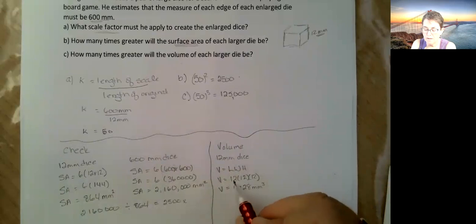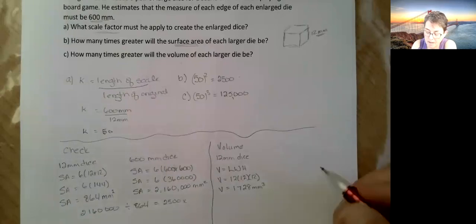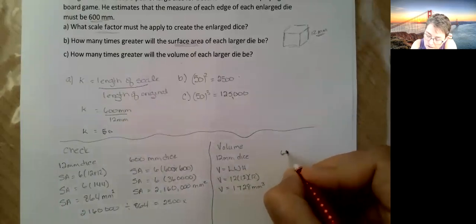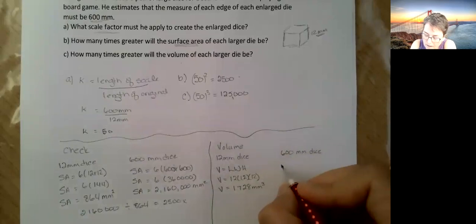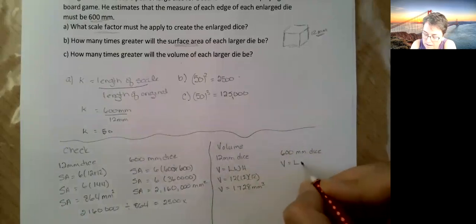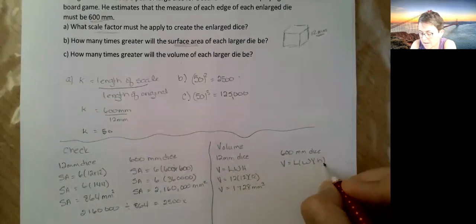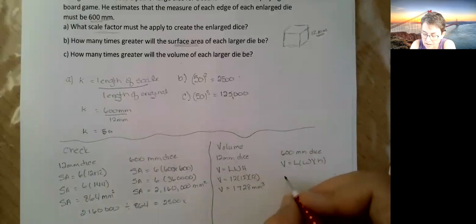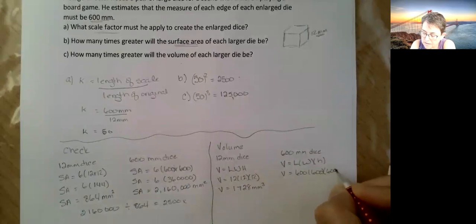Remember, this was in millimeters, this was in millimeters, this was in millimeters, so the answer is millimeters cubed. Or you can just remember volume is always whatever cubed. Either way is good. So now we got the 600 millimeter dice. Volume is equal to length times width times height. 600 times 600 times 600.